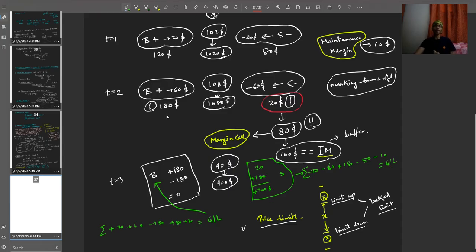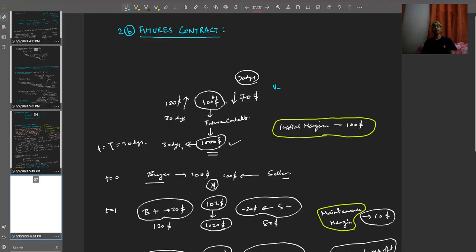And this will come to, considering expiration happens at capital T, the value at expiration, which is given by the difference between the value at contract initiation, F0, and the value at contract maturity or expiration, F capital T. If F_T is greater than F0, this implies the buyer or the long gains.